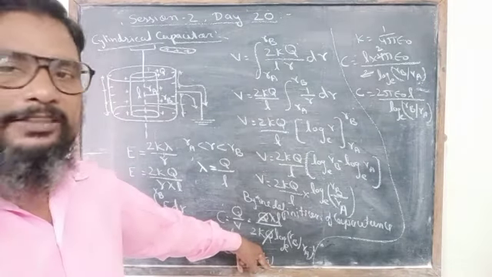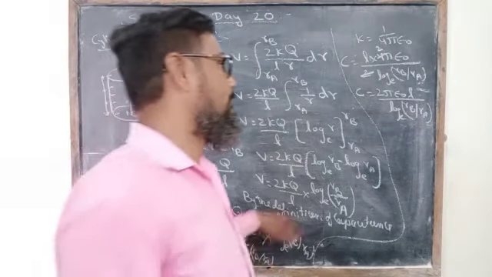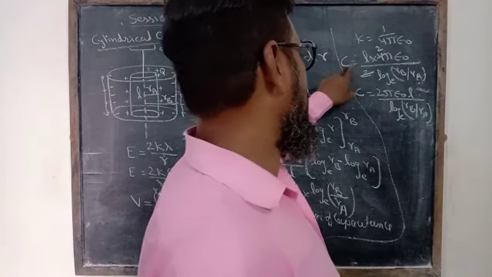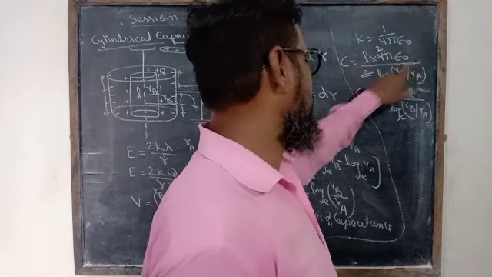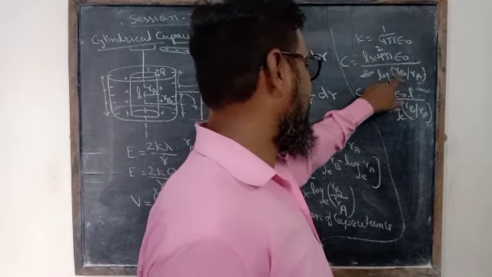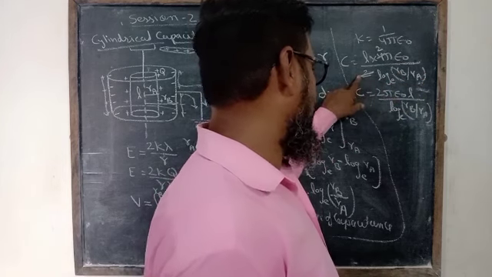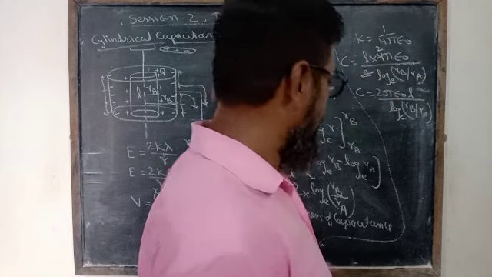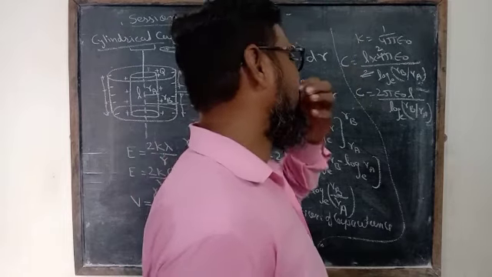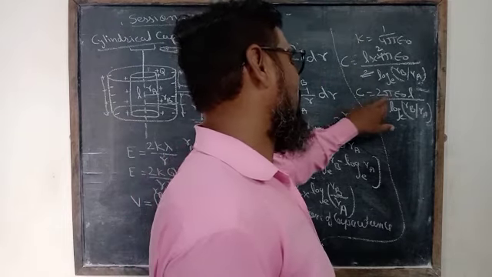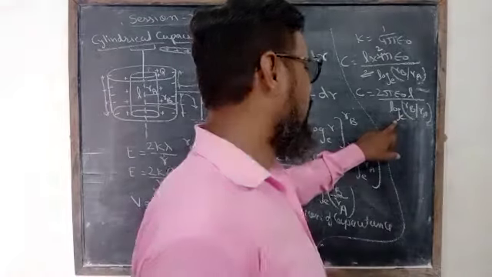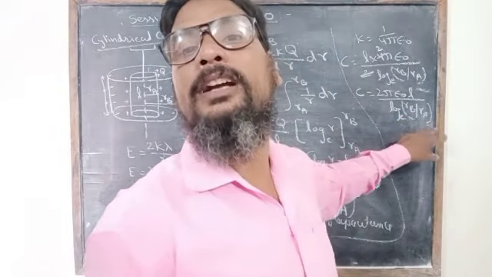Now we put the value of K. K is equal to 1 upon 4 pi epsilon naught. So C is equal to L into 4 pi epsilon naught upon 2 log base E RB upon RA. 2 divides the 4 by 2. So C is equal to 2 pi epsilon naught L upon log base E RB upon RA.